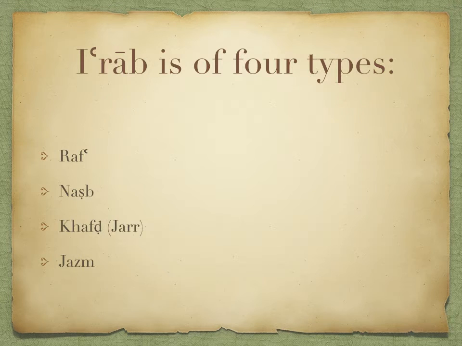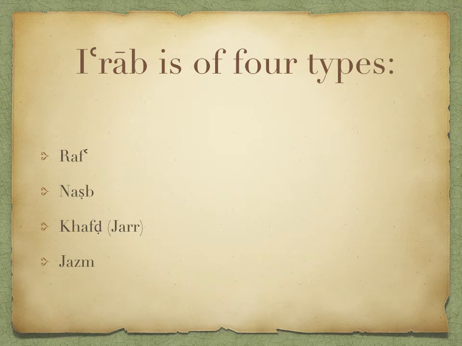And verbs have rafa', nasb and jazm, and they have no khafd. So the easy way to remember it: rafa' and nasb apply to everything, jar applies only to nouns, and jazm applies only to verbs. So these are the four types of i'rab.